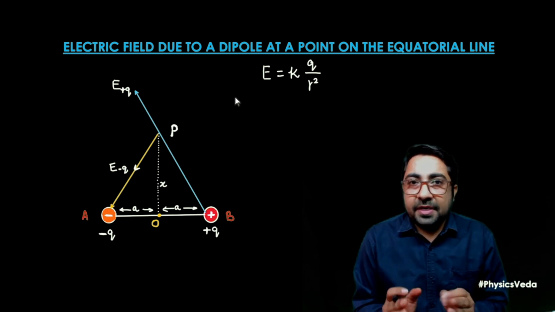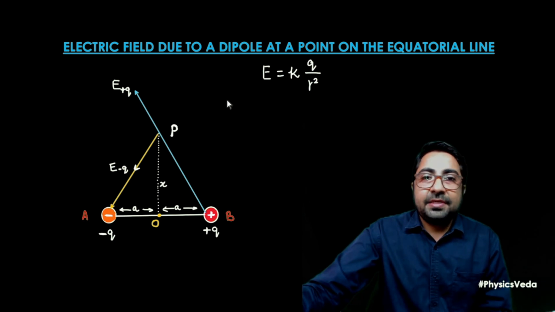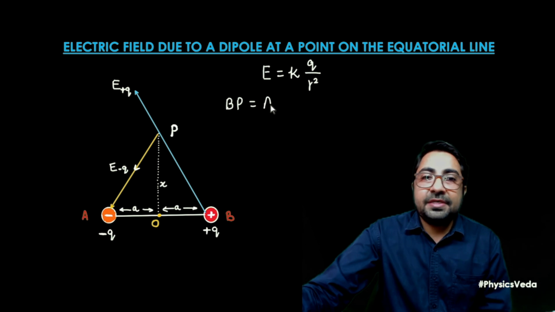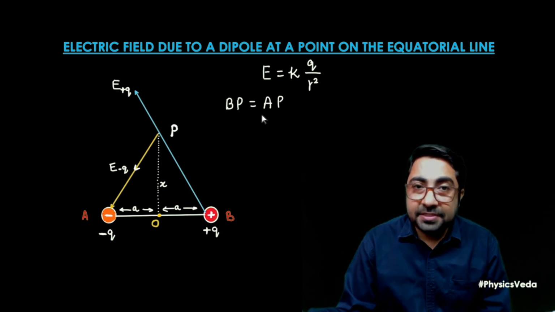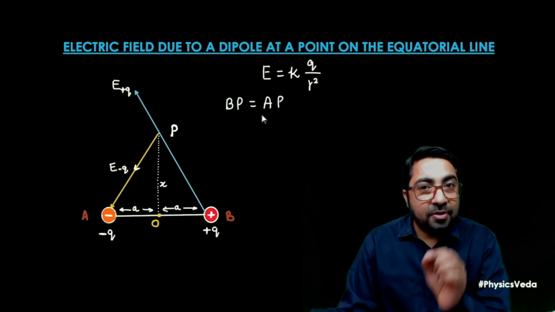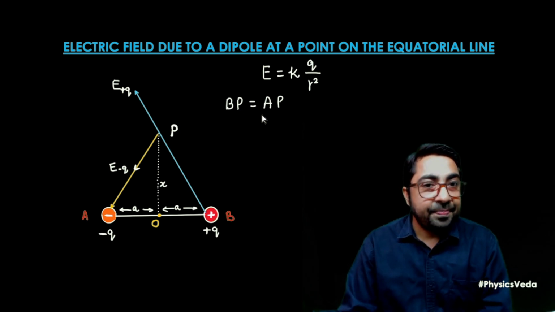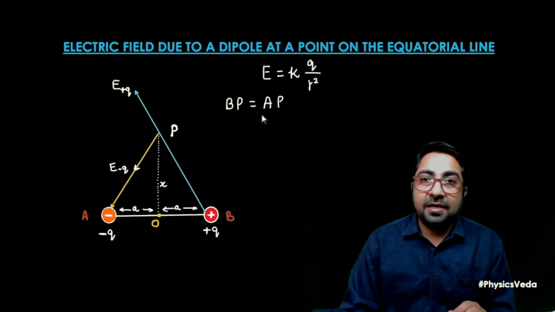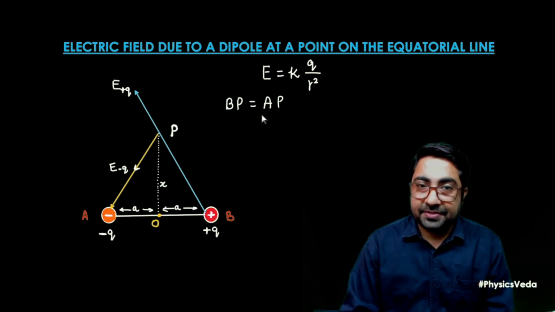From this diagram, it is very clear here that the distance BP is equal to the distance AP, because from the center to the positive charge the distance is a. So this is the base here, as well as from center to the point P this distance is x.